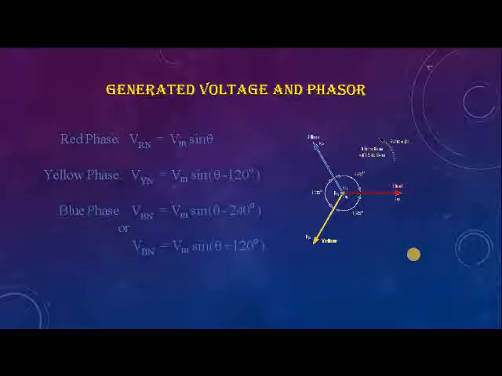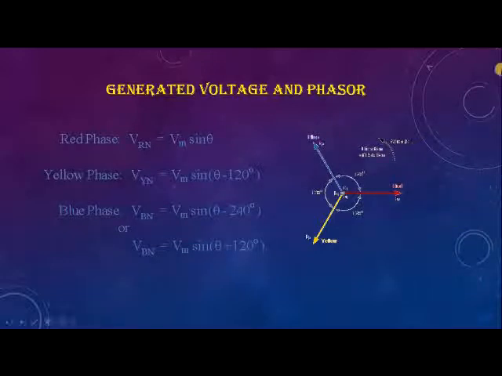Both can be interchangeably used. From R phase, Y phase makes an angle of 120 degree. From Y phase, B phase makes an angle of again 120 degree. So R phase is taken as a reference. Y phase lags the R phase by 120 degree and B phase lags the R phase by 240 degree.